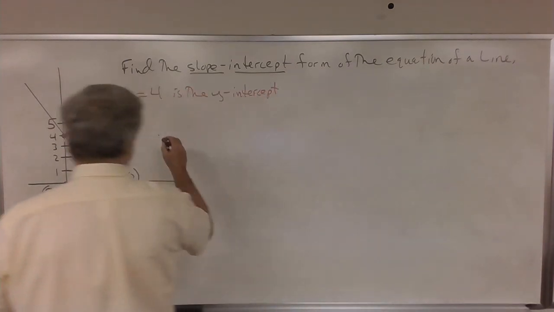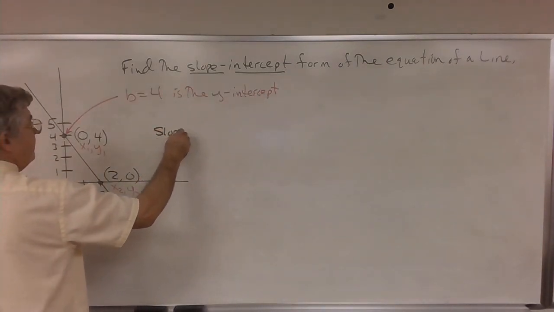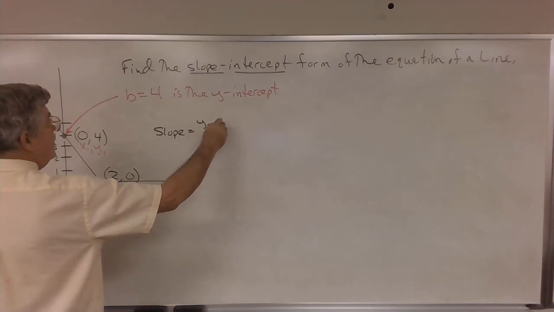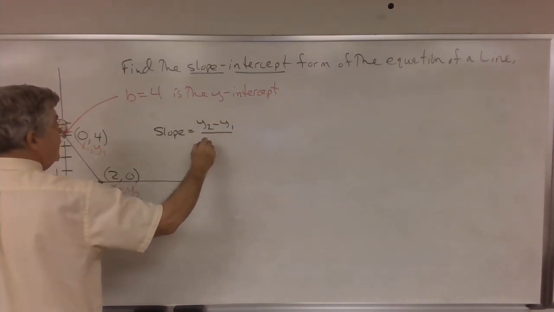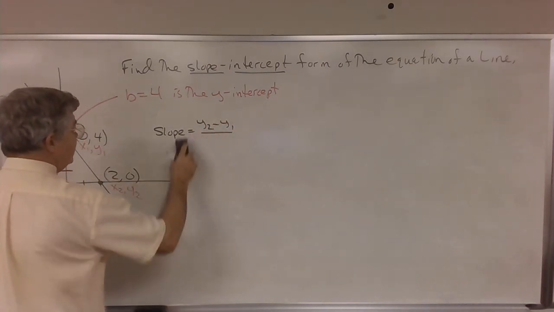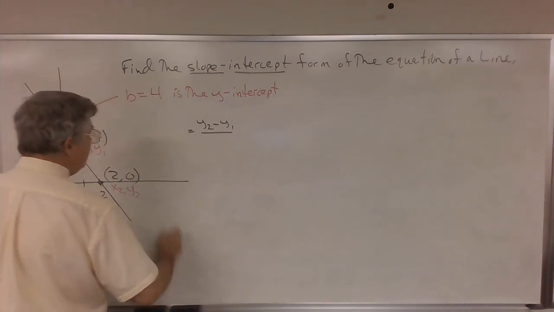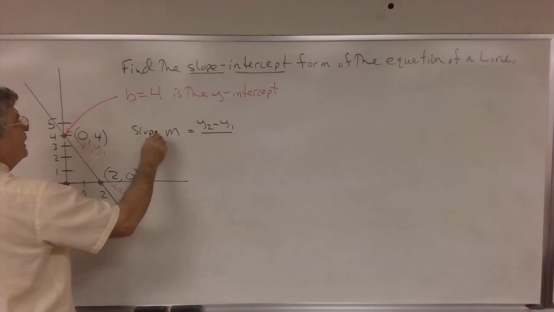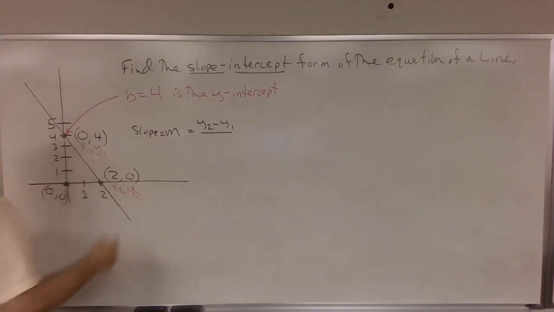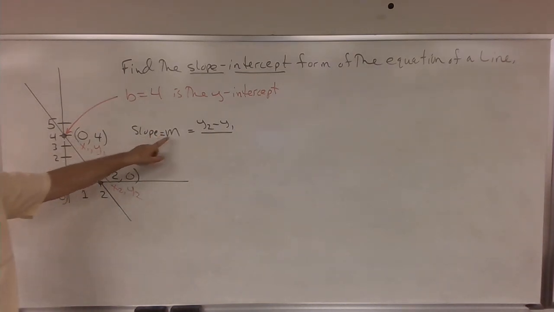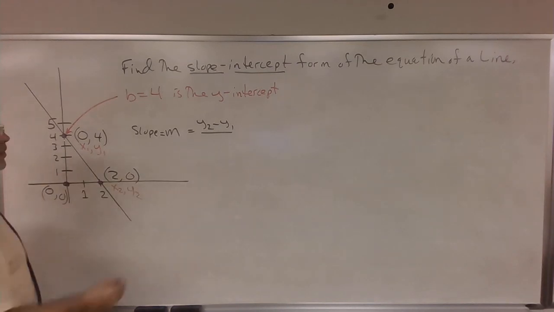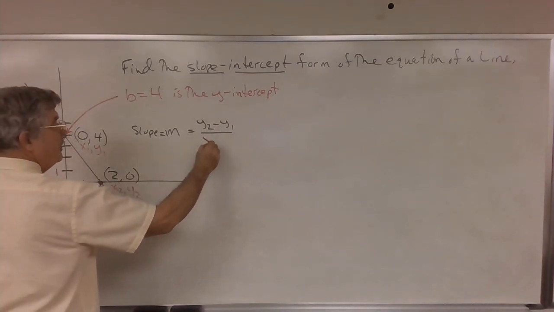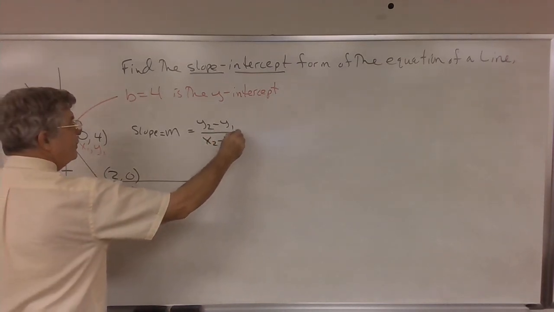So let's see, what is slope? I should also write letter m, because m represents slope. So slope is the letter m, and that's y2 minus y1 over x2 minus x1.